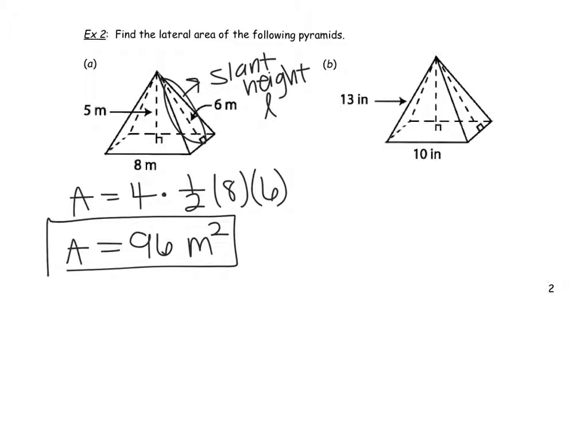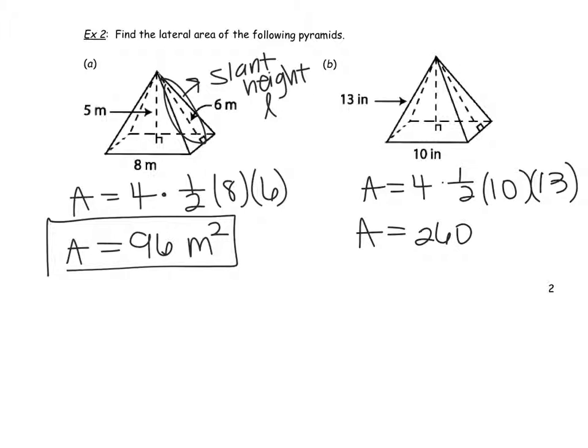In our second example, we are given our slant height of 13 inches. We still have a square base, so we have 4 faces, so it's 4 times 1/2 times our base of 10 times our slant height of 13. So when we do 4 times 1/2 times 10 times 13, we get an area of 260 inches squared.